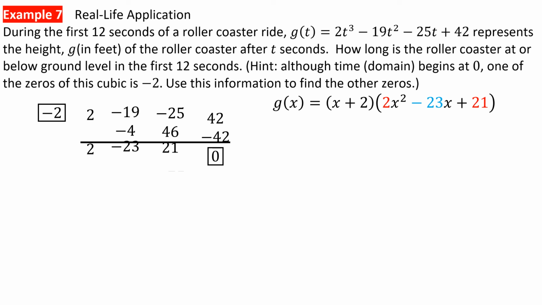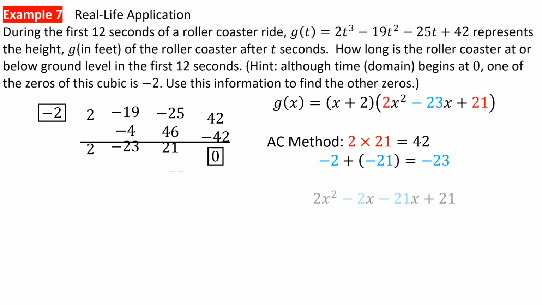We can take that same function and we can rewrite it as the binomial times the trinomial. The -2 worked, so the factor is x plus 2, and the trinomial is those three numbers below the division bar: 2x squared minus 23x plus 21. If I look over at those red and blue numbers on the right, we could use the AC method, multiply 2 times 21, get a product of 42, and then we want to ask ourselves what also adds to give us -23, and the answer will be -2 and -21.